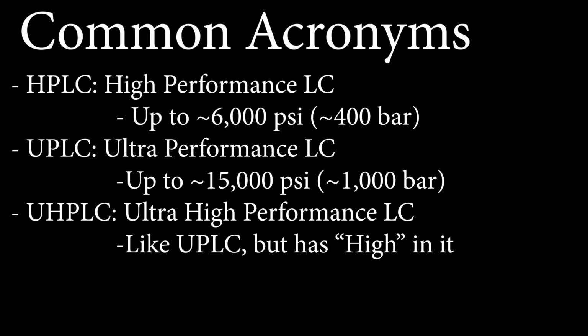It used to be, until very recently, that most instruments went up to about 6,000 psi or 400 bar, and we would call these an HPLC instrument. That is the instrumentation that we currently have. Recently, the default instrumentation, when you go to purchase a so-called HPLC, they're going to say, oh, we have a UPLC. So most commercial instrumentation now goes up to higher pressures, 15,000 psi or 1,000 bar, and they're going to say a UPLC.